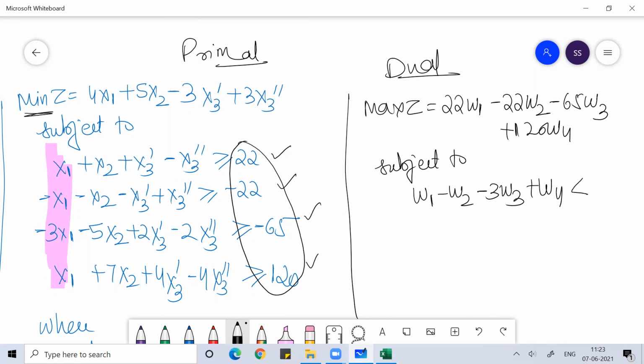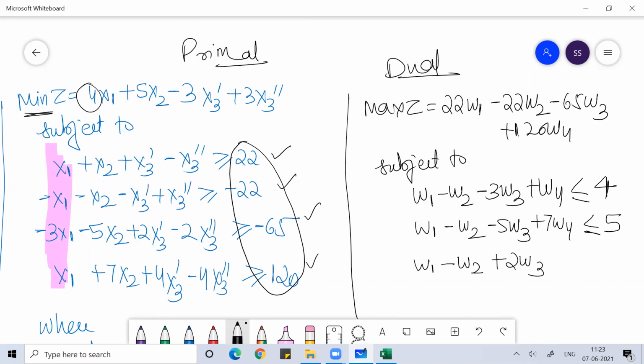This is maxima, no? So less than or equal to. So see the cost coefficient of the objective function of the primal. So this would be W1 minus W2 minus 5W3 plus 7W4 is less than or equal to 5. Then this is W1 minus W2 plus 2W3 plus 4W4 is less than or equal to minus 3.